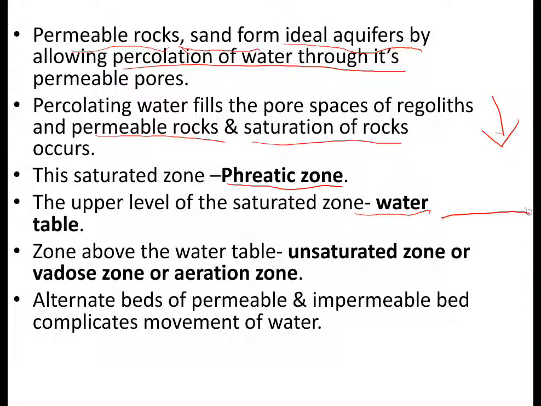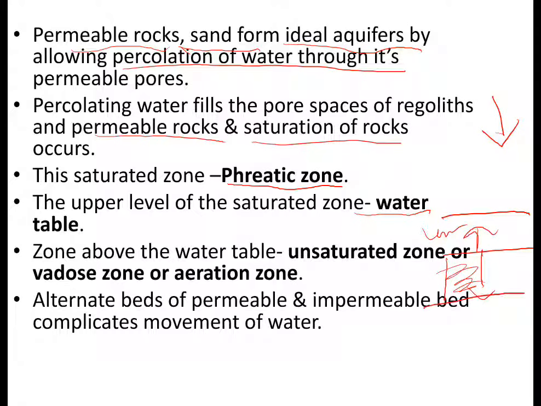The zone above the water table is called the unsaturated zone. Suppose this is the ground surface and this is the water table. Below that the aquifer is there. This is the saturated zone, but above the water table is the unsaturated zone. This unsaturated zone is called the vadose zone or aeration zone. Alternate beds of permeable and impermeable rock complicate the movement of water.